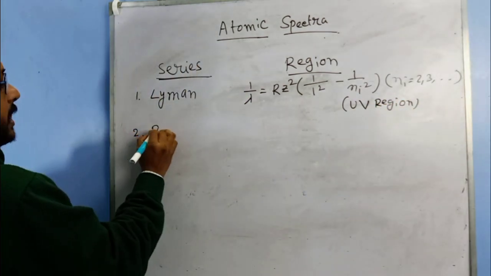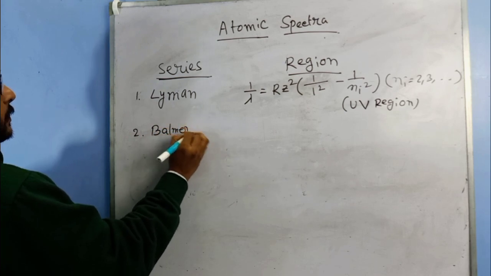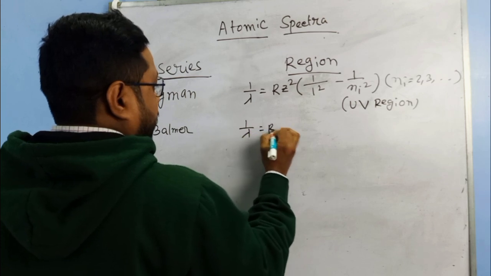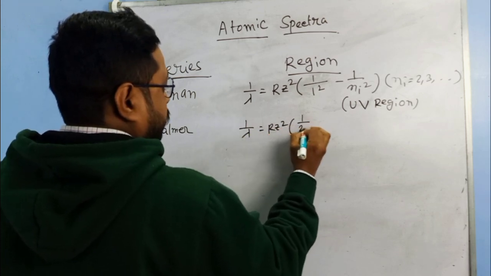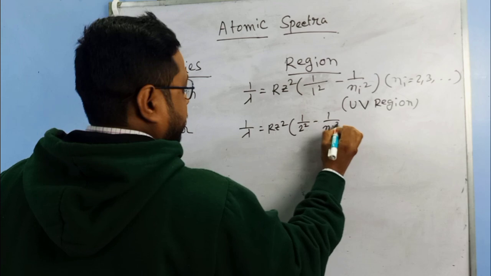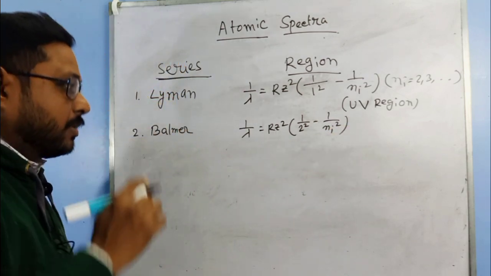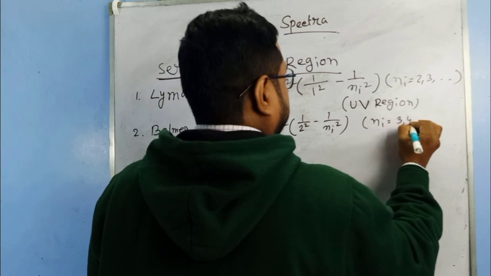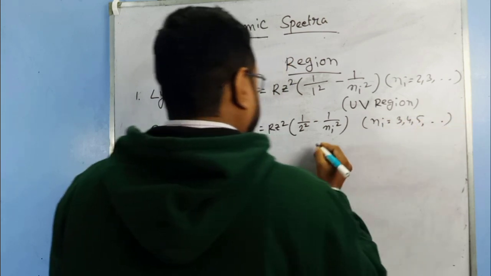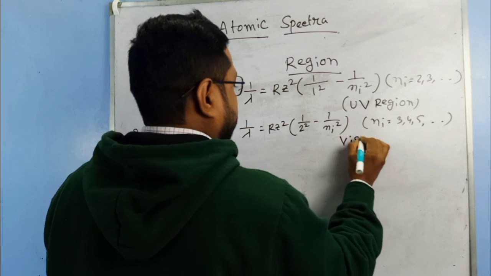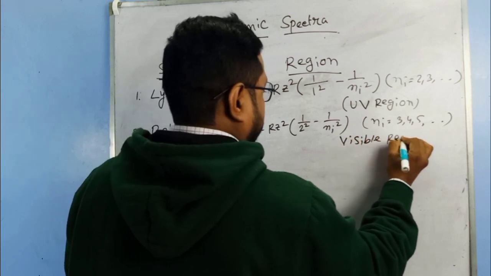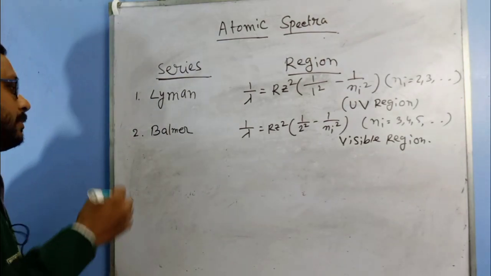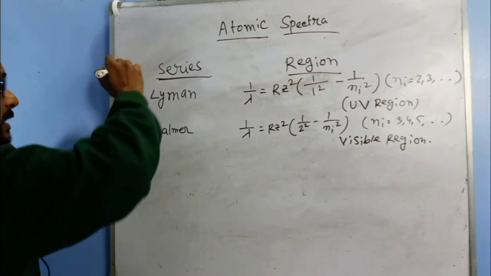Number 2 is Balmer: 1 by lambda equal to R z square, 1 by 2 square minus 1 by ni square, where ni starts from 3, 4, 5 and so on. It is in the visible region. Okay. Number 3, Paschen.